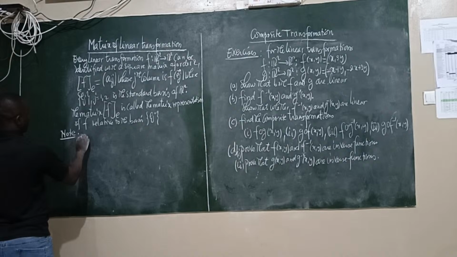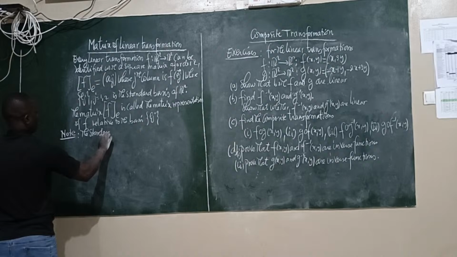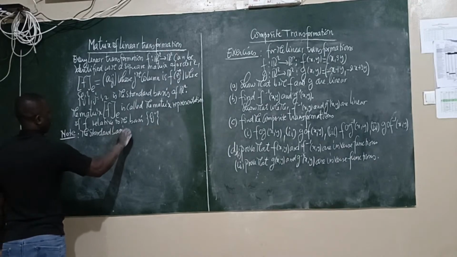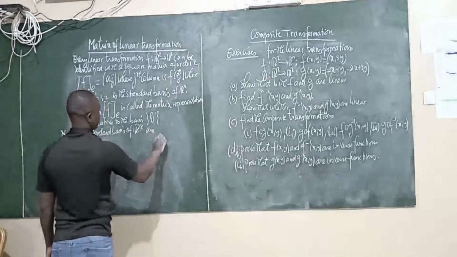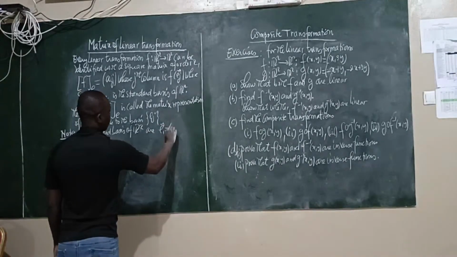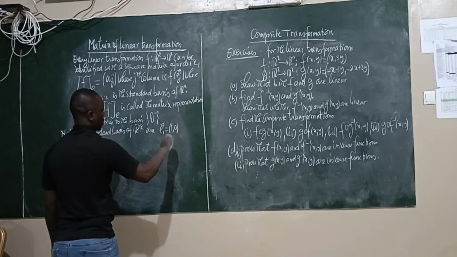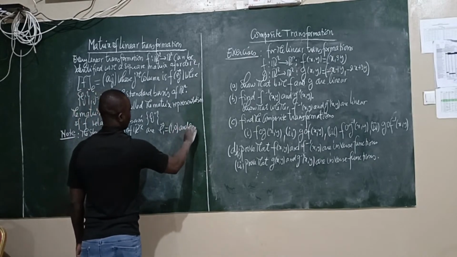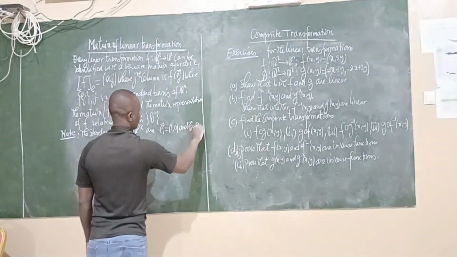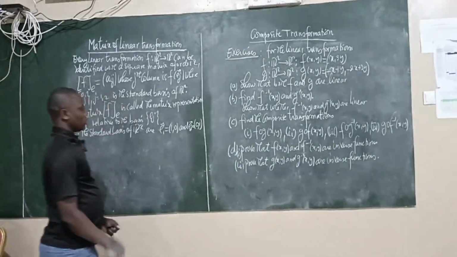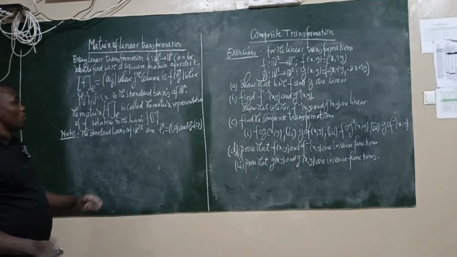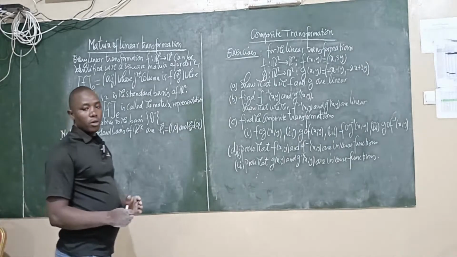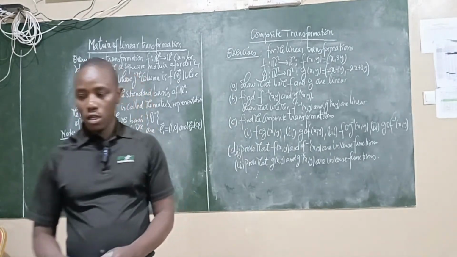Now, the standard basis of R2: E1, which is (1, 0), and E2, which is (0, 1). So, when having this, we'll be finished with the question.